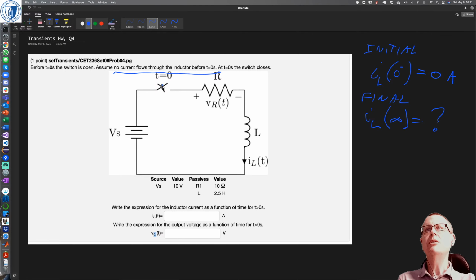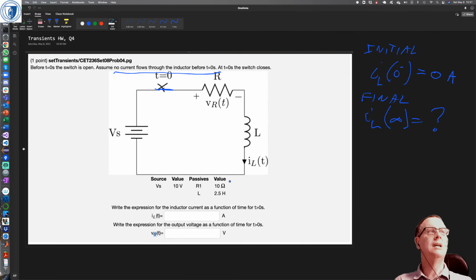The final condition, we have the switch closed, so our circuit looks like that. And remember, in the final condition, everything's in steady state. If everything's in steady state, then L di/dt, the voltage across the inductor, is 0, because the current through the inductor is not going to be changing.